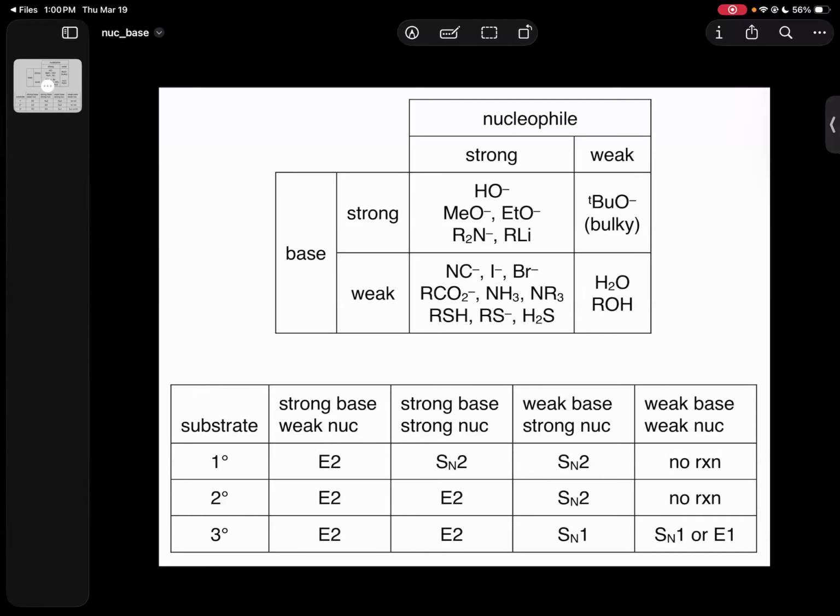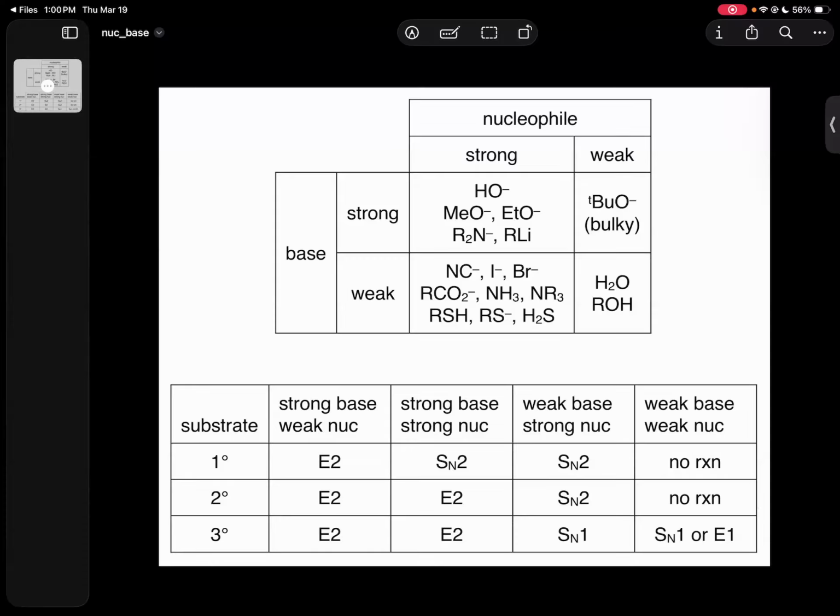Eventually these will be pseudo memorized, but you'll have access to this chart, so no reason to go out of your way to memorize them. Very common ones: hydroxide, methoxide, ethoxide. Those are strong bases and strong nucleophiles.